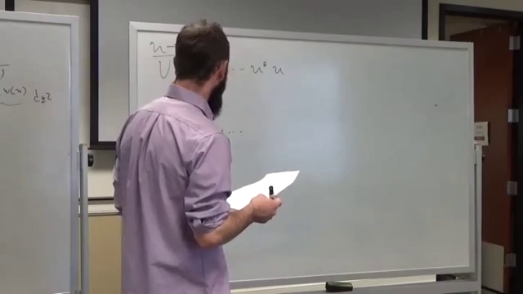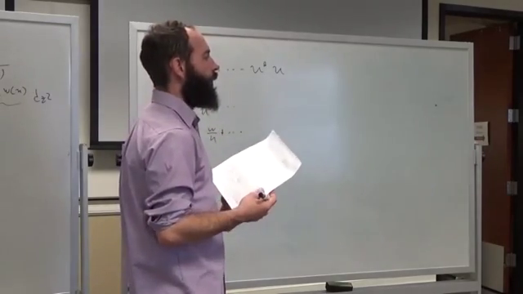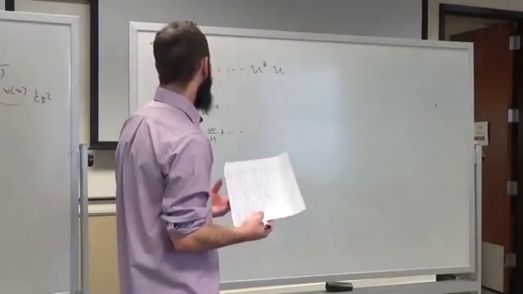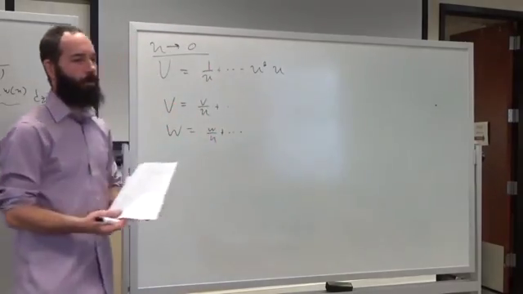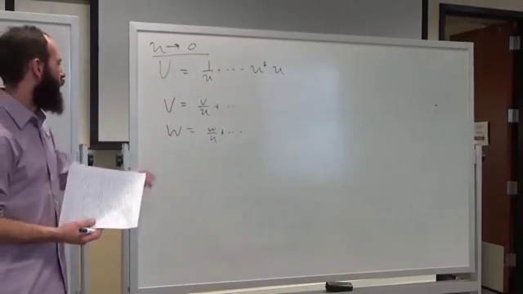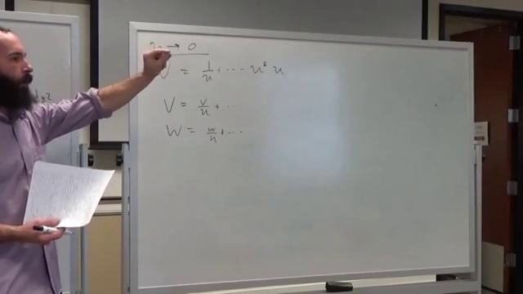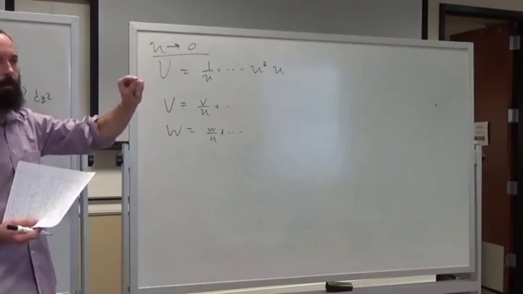So what this means is, to look at dual theory or dual quantities, we want our boundary metric to just be Minkowski. We don't want it to be -1, V, V, W. We want it to be -1, 1, 1, 1.